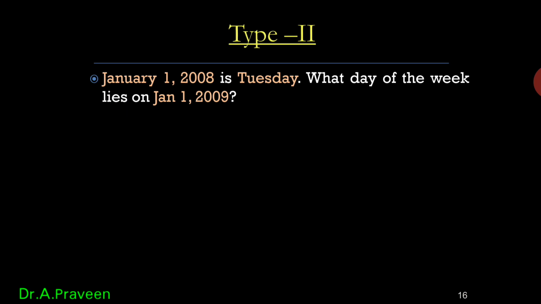We pass on from January 1, 2008 to January 1, 2009. As we pass on, we should look at the year in which we cross the month of February. I repeat, we should look at the year in which we cross the month of February.